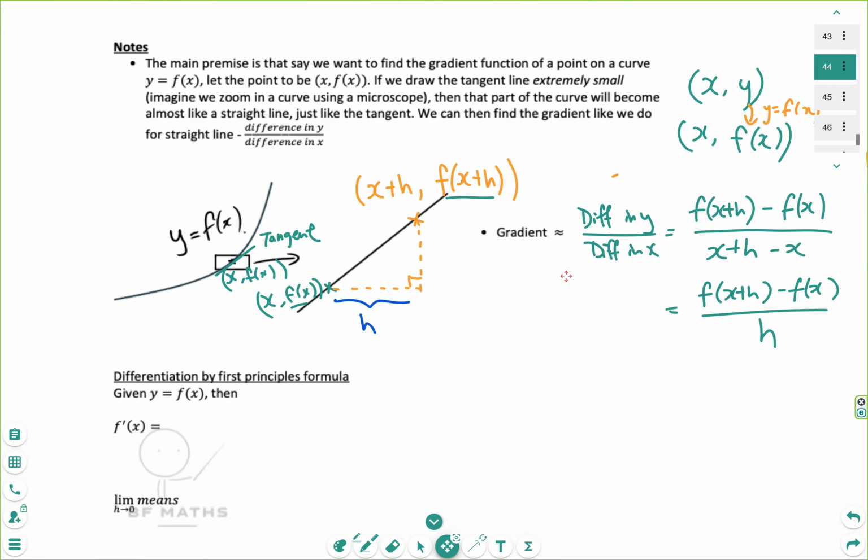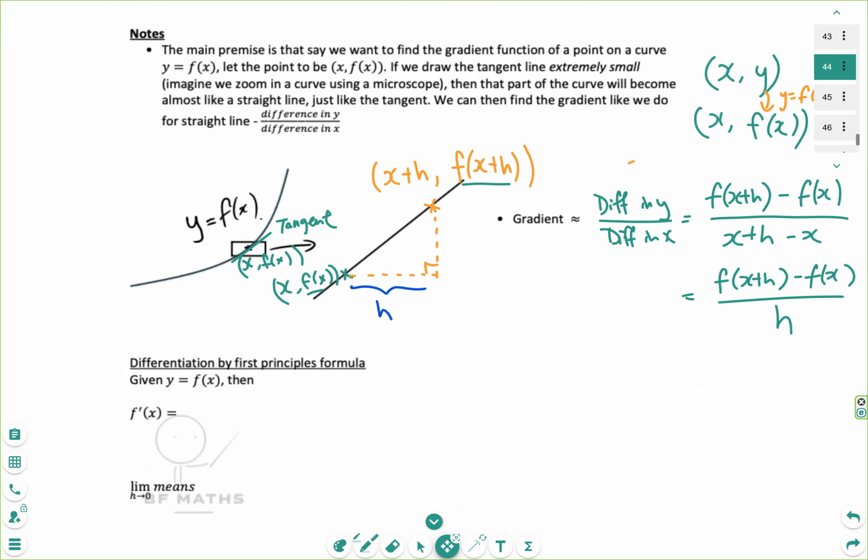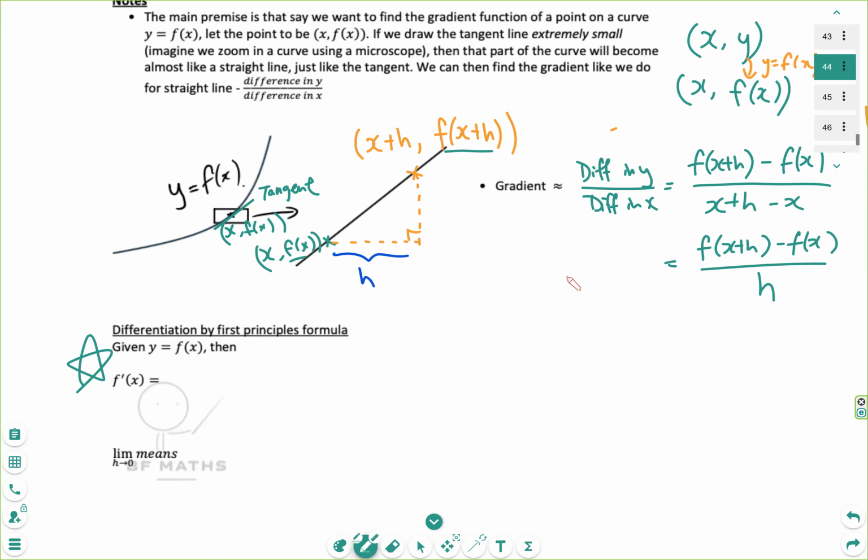And in fact, this formula that we found here is the core of the first principle formula. So, differentiation by first principle formula: given y equals f of x, then f dash x equals the limit as h tends to 0 of f of x plus h minus f of x all over h.